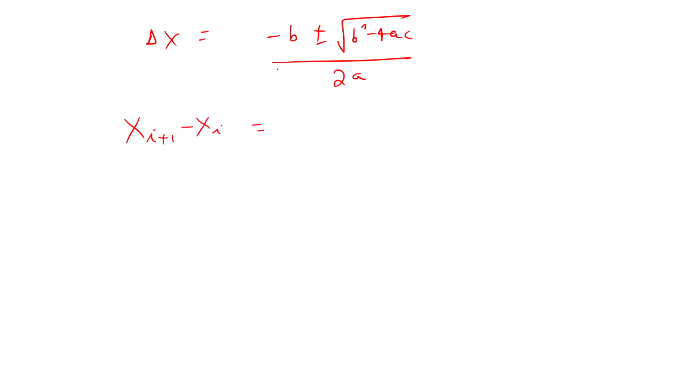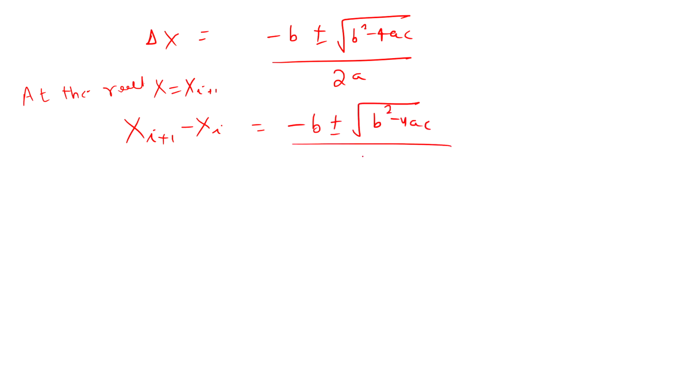Since the root of the polynomial is at x equal to xi plus 1 for that particular iteration, that is nothing but minus b plus minus root of b square minus 4ac upon 2a, multiplied by this.